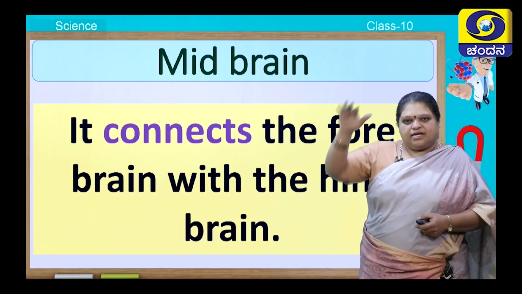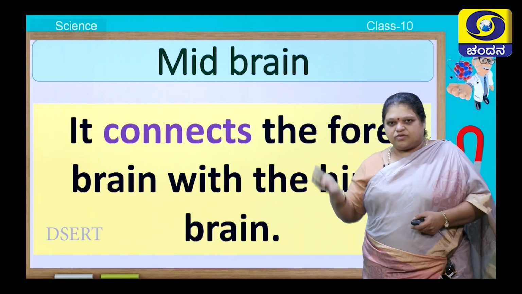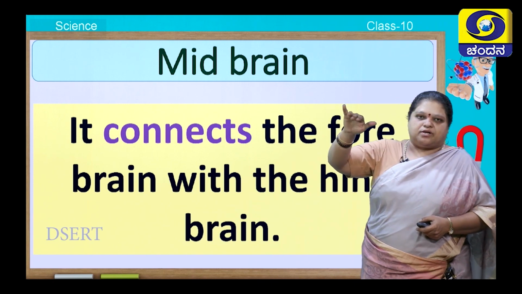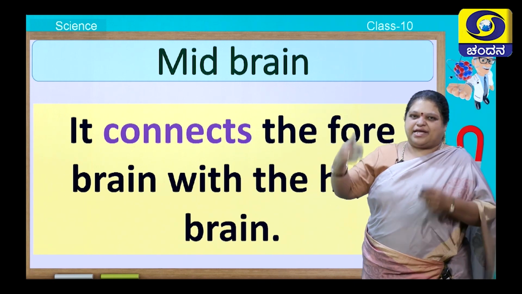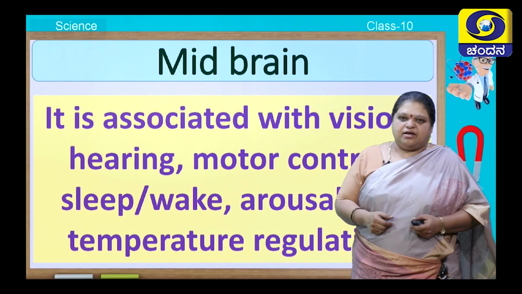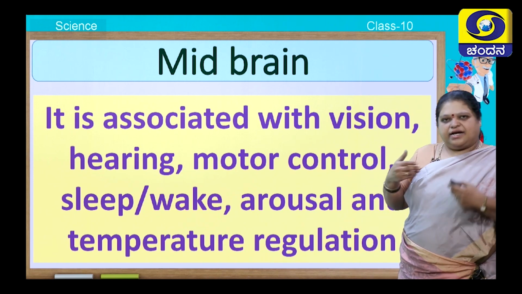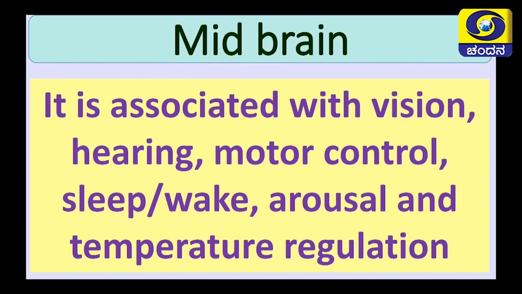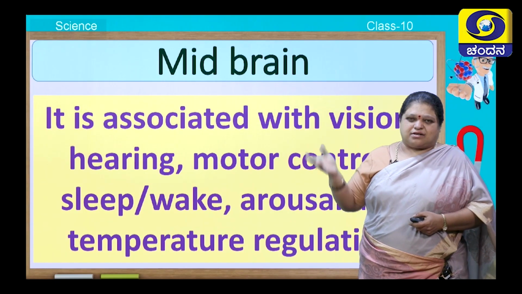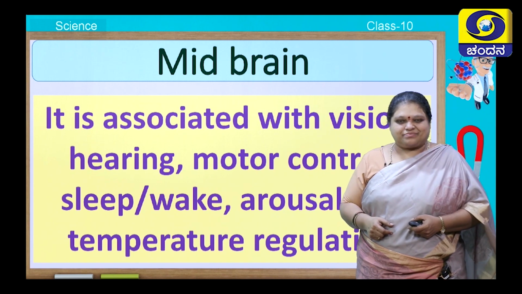It connects the upper portion of the brain to the lower portion and the lower portion to the upper portion. It is something like a relay station. It is also associated with vision, hearing, motor control, sleeping, waking up, arousal and temperature regulation. All these are controlled by the midbrain.